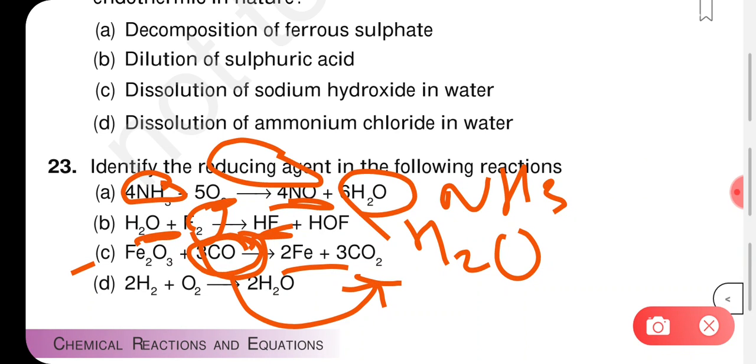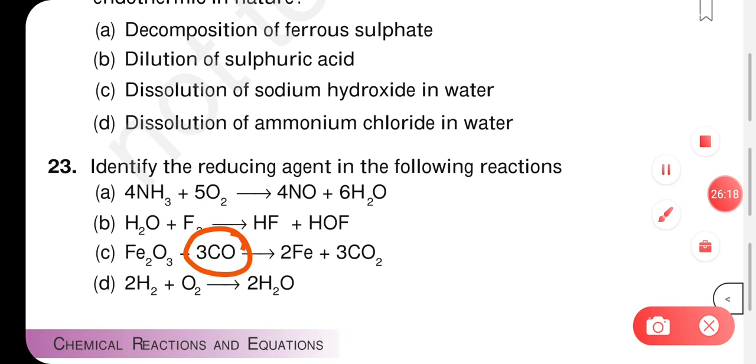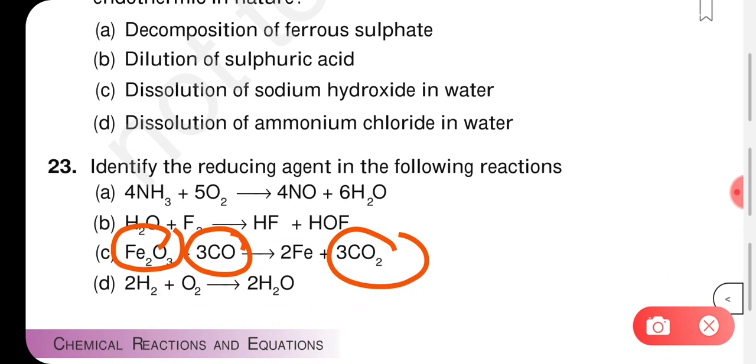There is addition of oxygen. In 3CO there is an addition of oxygen, whereas from Fe2O3 oxygen is being lost, so it becomes 3CO2.